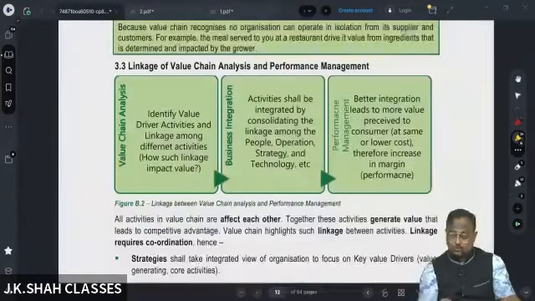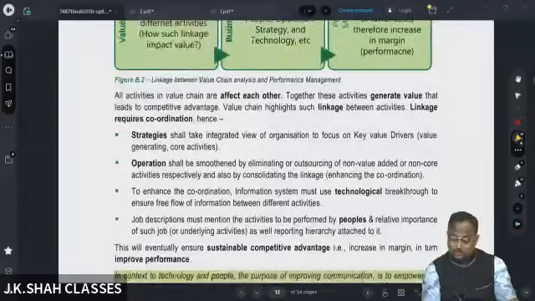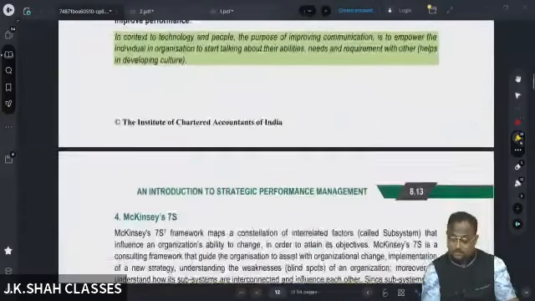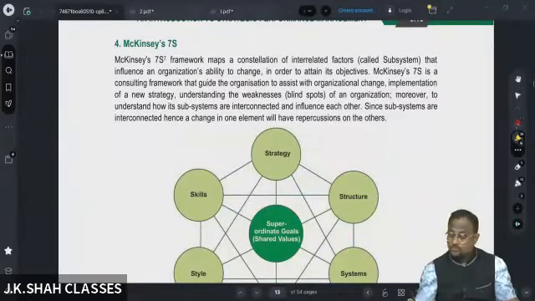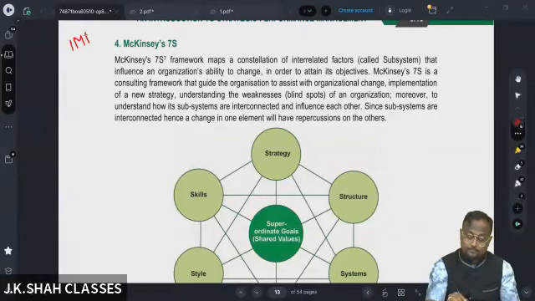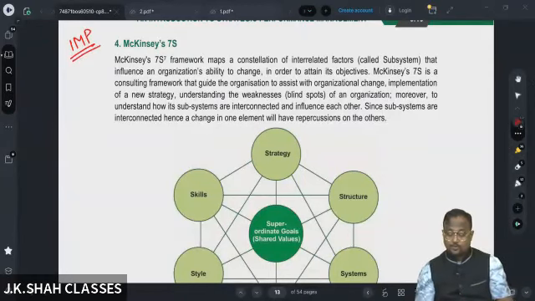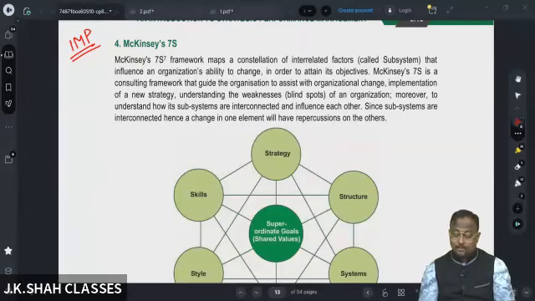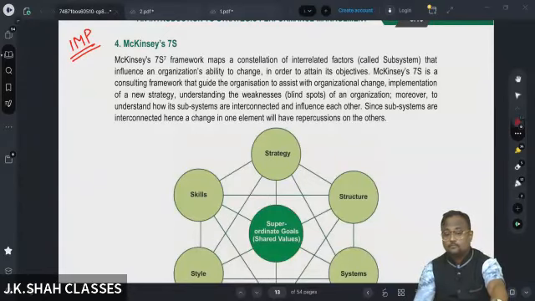So now the most important part, market as an important one.